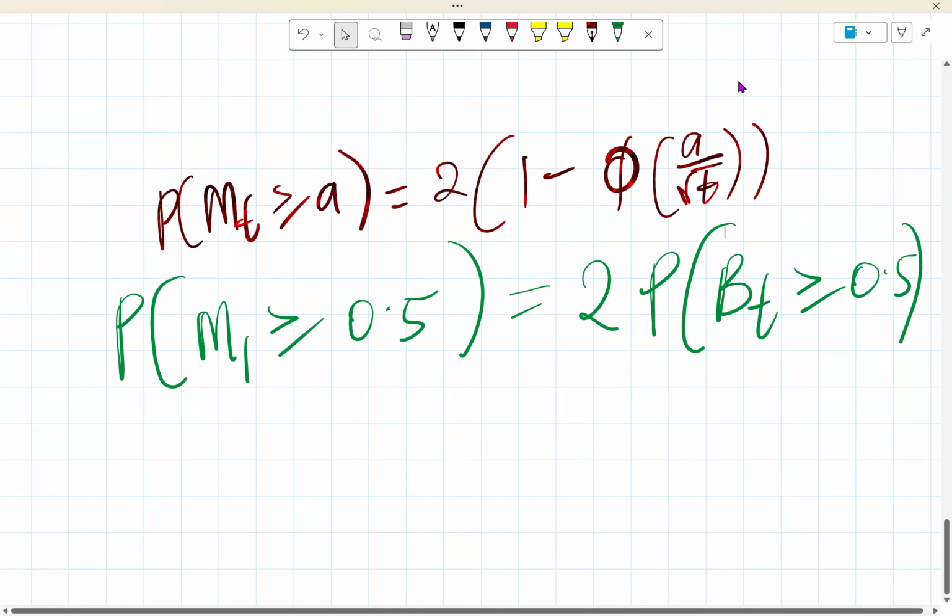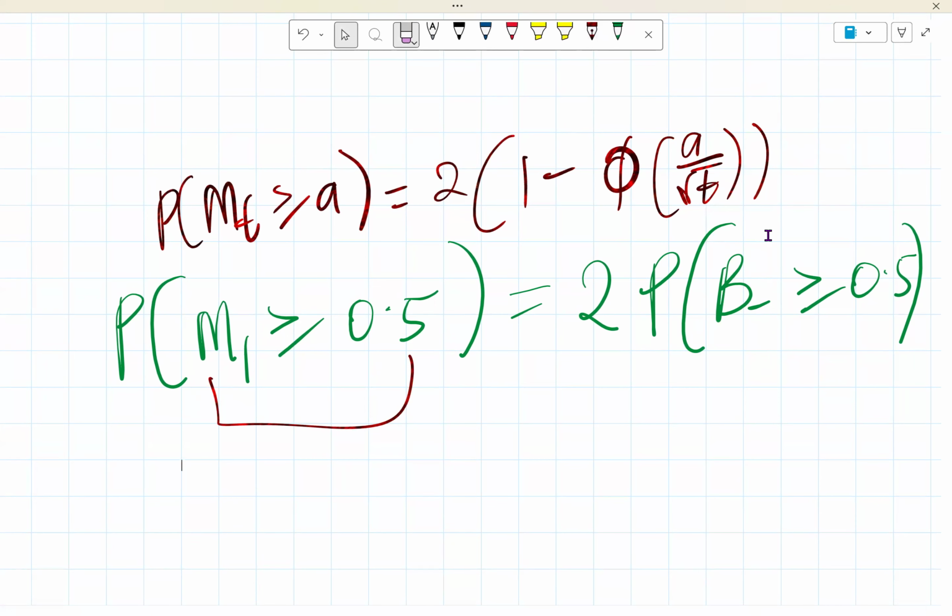So in this case now, this is our a. Going by this, this will have to be M1, following B1. So our a here is 0.5, as we have it here, and t is 1.